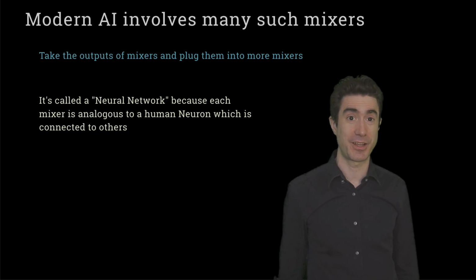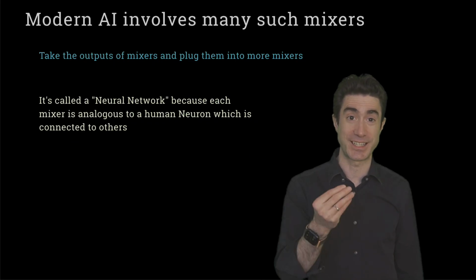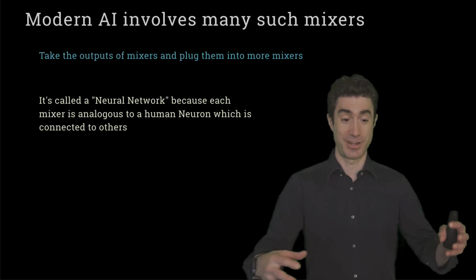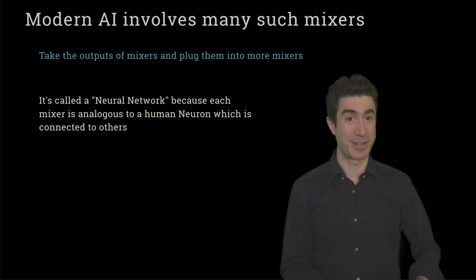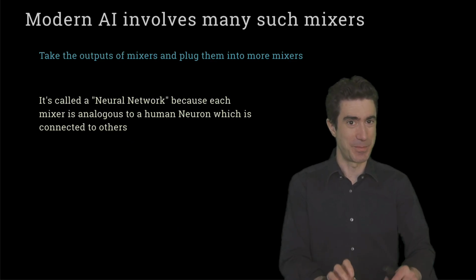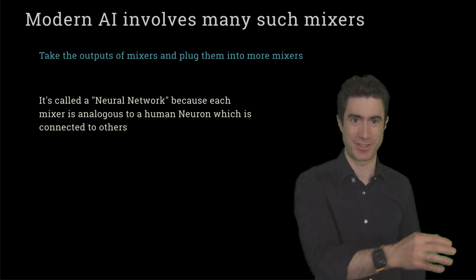And the reason they're called neural networks is by a sort of analogy with the human mind. This whole idea was originally inspired by thinking about a human neuron. The idea is you've got a neuron, like a mixer, which takes some kind of blend of the different synaptic connections that it has from other neurons, and it mixes them up, and out comes some kind of output in the form of whether the neuron fires or not.